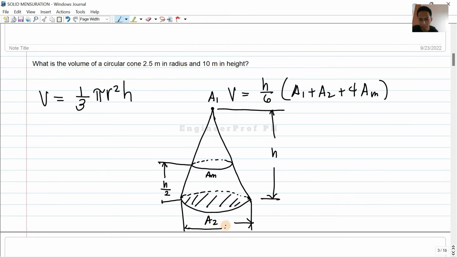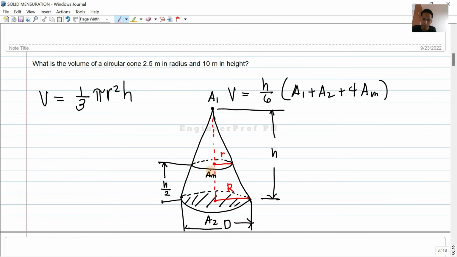So let's say gawin natin tong capital letter D for bigger diameter. And then of course, yung radius natin here, the radius here should be the capital letter R. And of course, itong area ng midsection natin, meron din siyang radius, small letter r.